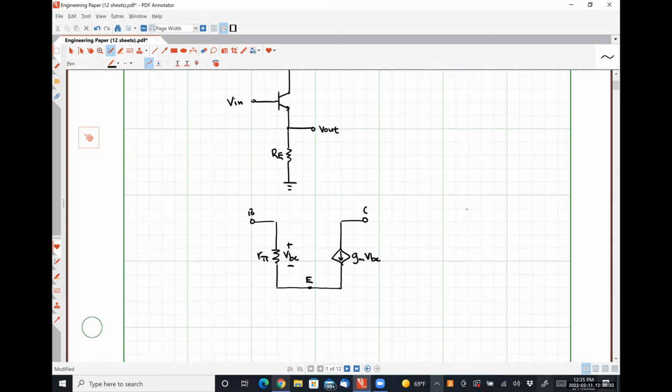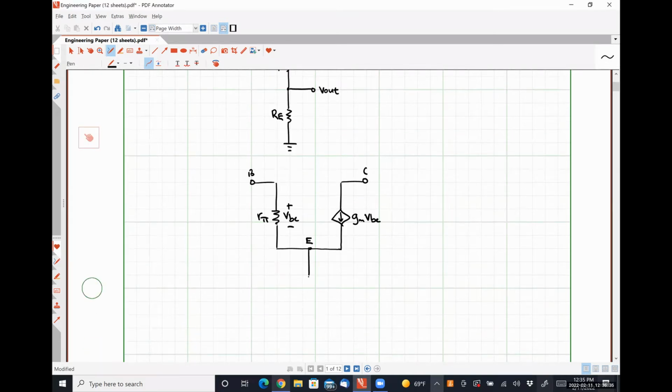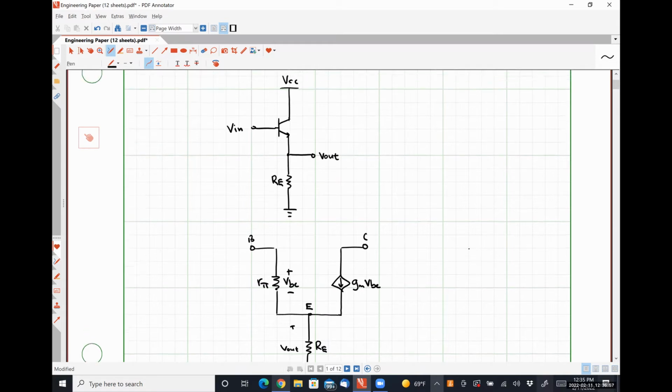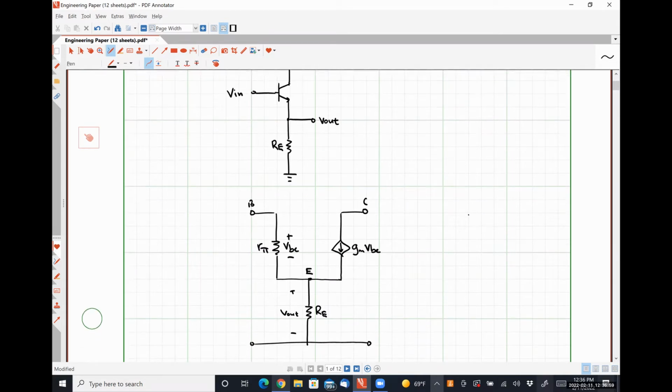So between the emitter and ground, we have some resistance RE, and the voltage drop over that emitter resistance is the quantity V out. Between our collector and ground, we just have a short circuit since our power supply VCC is an AC ground.